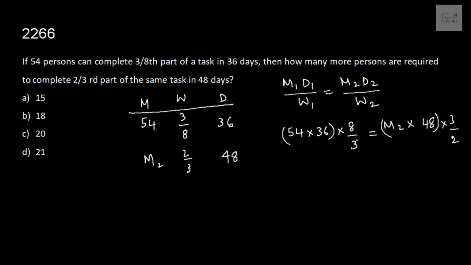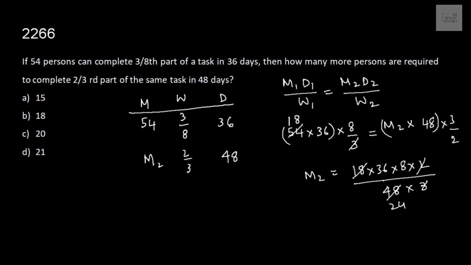Okay, so 3 times 18. So M2 equals 18 into 36 into 8 into 2 by 48 into 3. 2 into 24, then 3, 6, 3, 4 and 9.